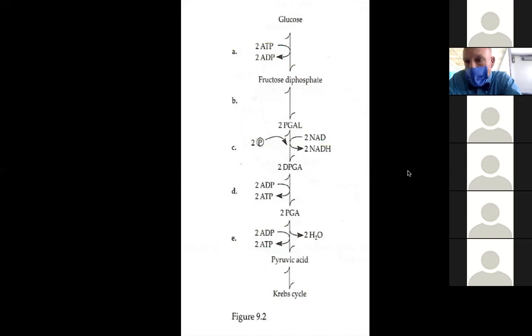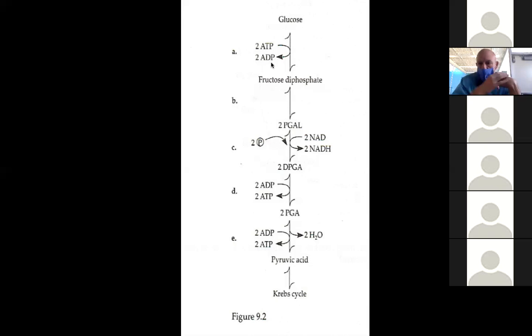It might say on the test, where at A, B, C, D, or E are we investing ATPs? Well, it's here at A. How do I know I'm using ATPs and not gaining ATPs? It's a simple fact of looking at the arrow. I'm making ADP, not ATP. That's the energy investment phase.